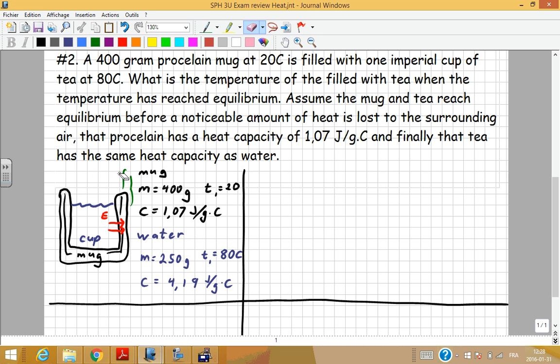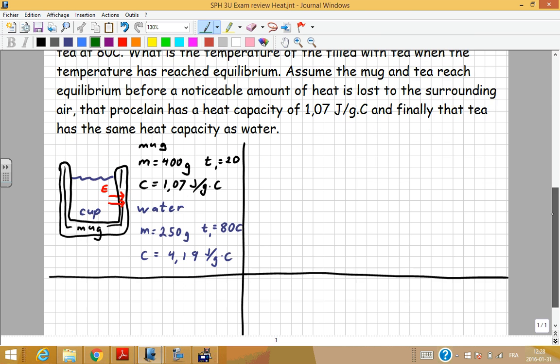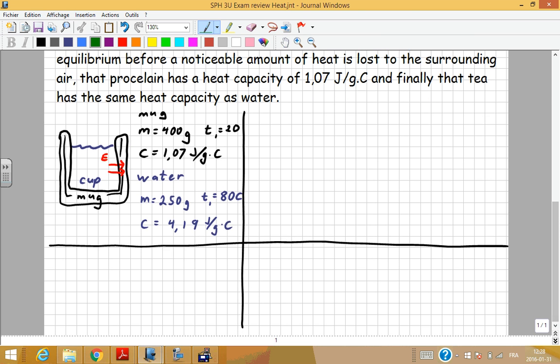So we won't consider it in our calculations. What's interesting is that if heat is going from the water to the cup, the amount of heat that the water loses has to be exactly the same as the amount of heat that the cup gains.